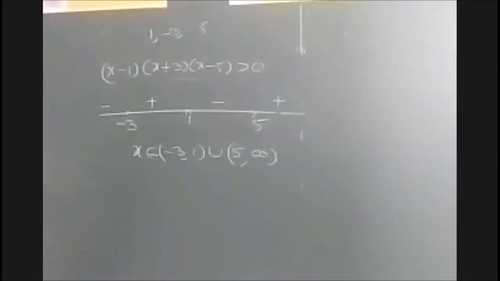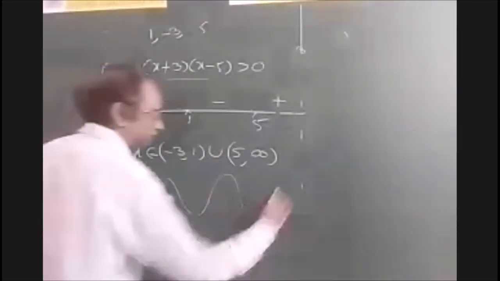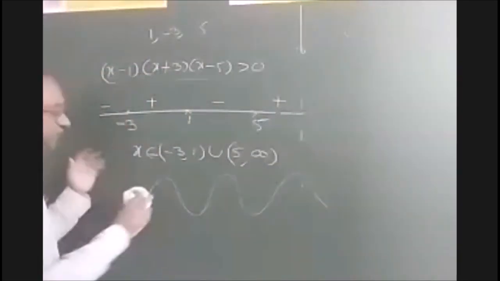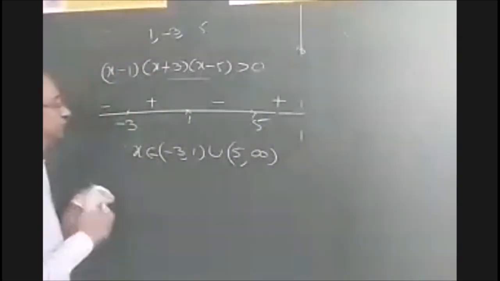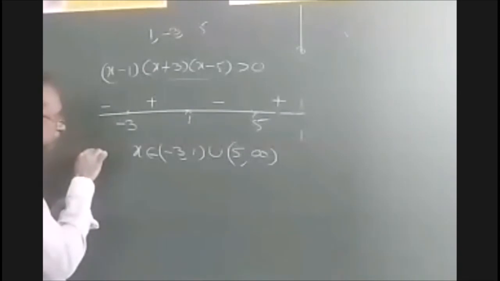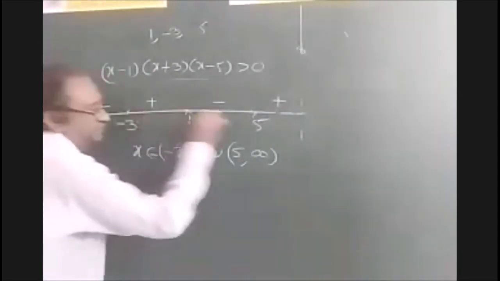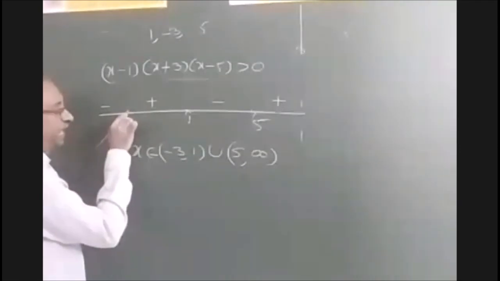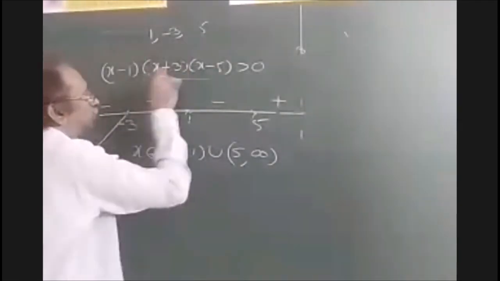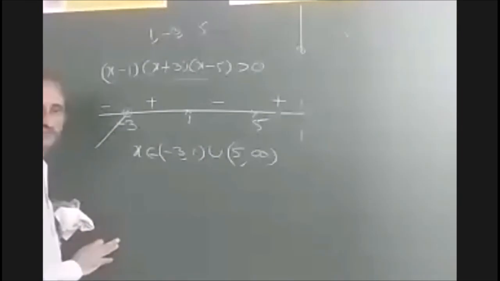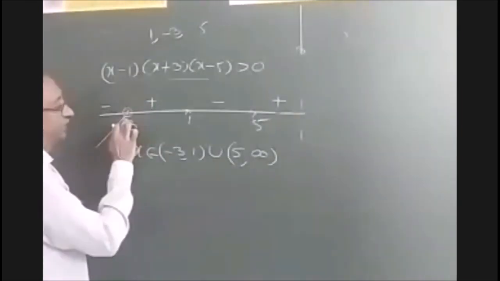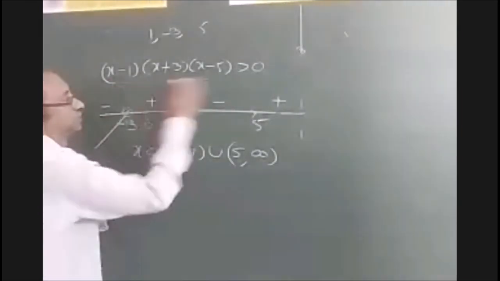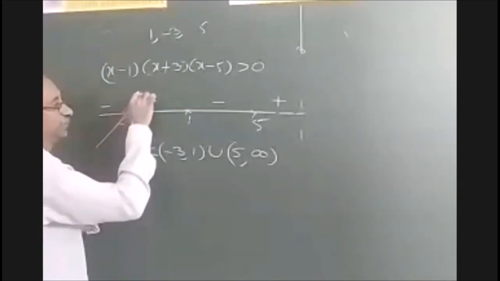Why is it called the Wavy curve? The waves in the sea are like this. Similarly, here also the graph will be like this. Because it is negative here, the graph is below the x-axis. If you take this as the x-axis, the graph is below it. At -3, the value is 0, therefore it crosses the x-axis. After that, when x lies between -3 and 1, it is positive, therefore above the x-axis.